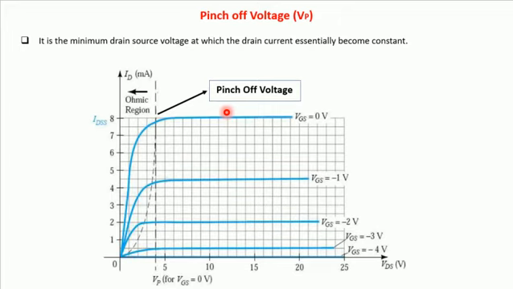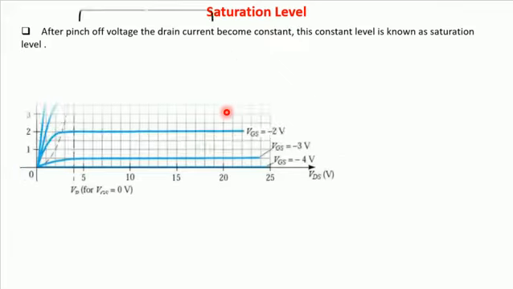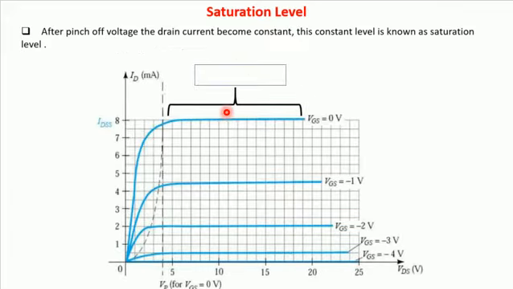After that, whatever you increase the VDS voltage, that is our drain to source voltage, will not affect the output current. So that is the saturation region, or the saturation level, achieved after that, and it is denoted over here.